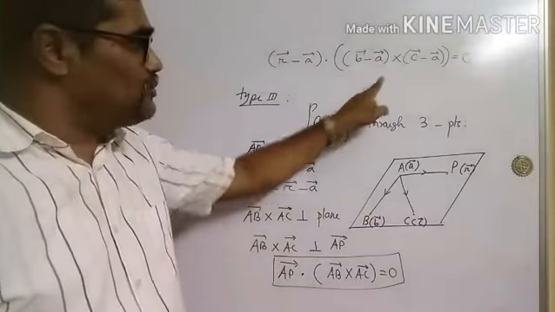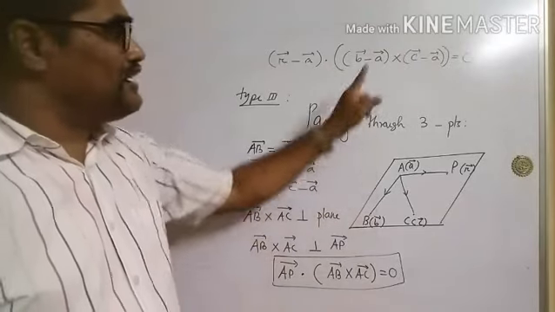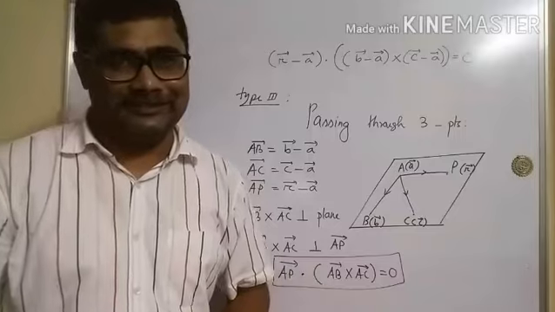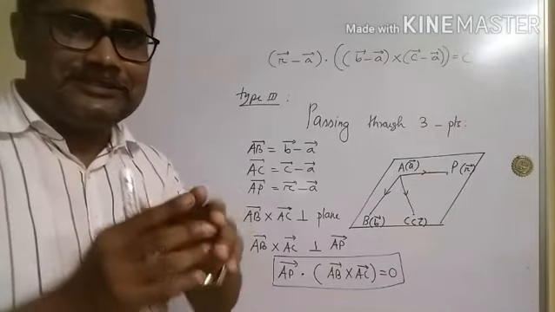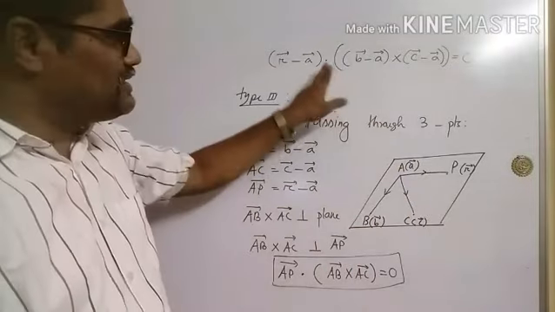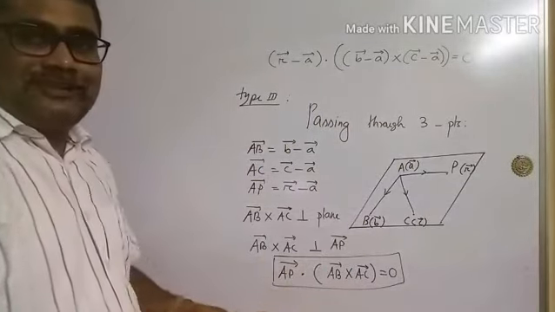If you put a dot product inside, this whole thing becomes a scalar, and with a scalar you cannot find a vector product. So if you use this little common sense, you can easily identify that this should be dot, this should be cross.